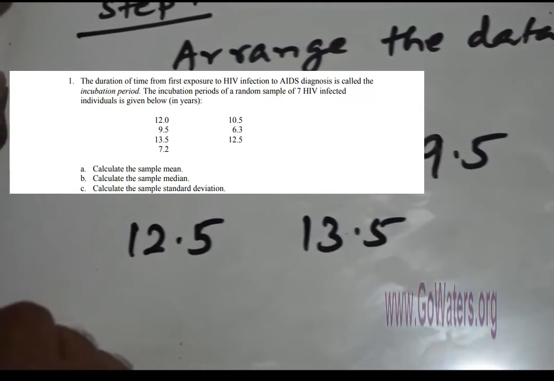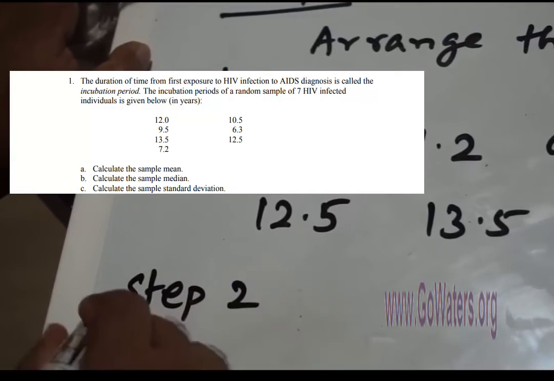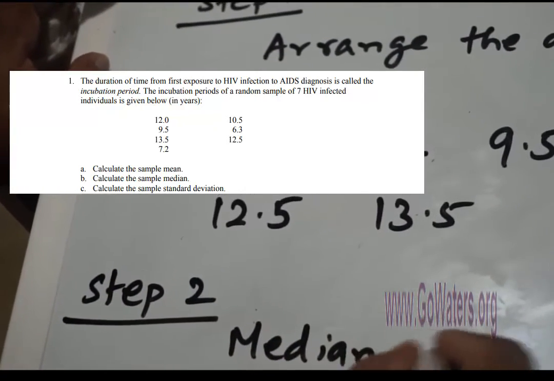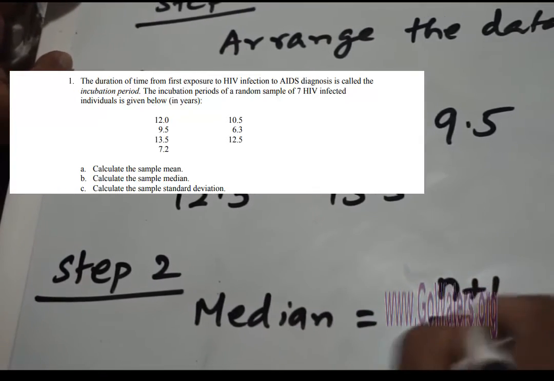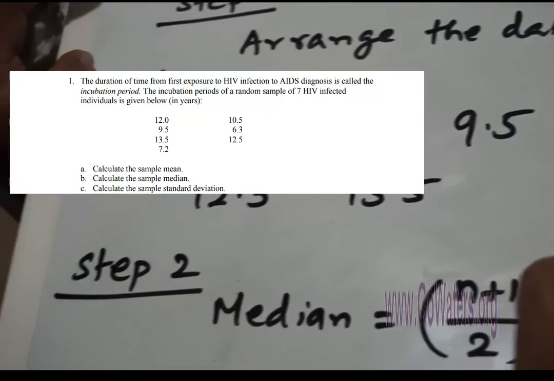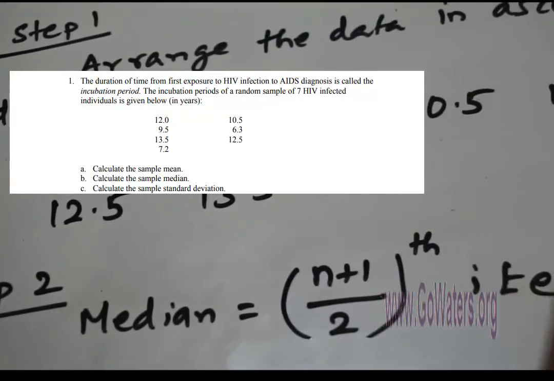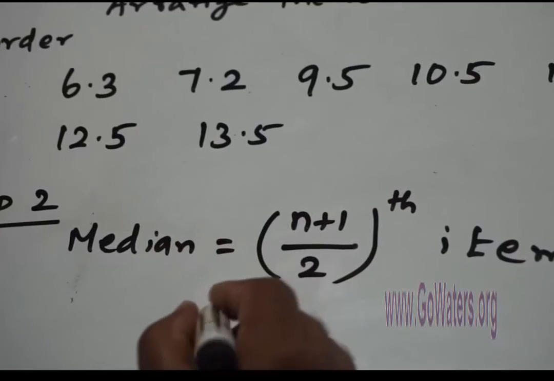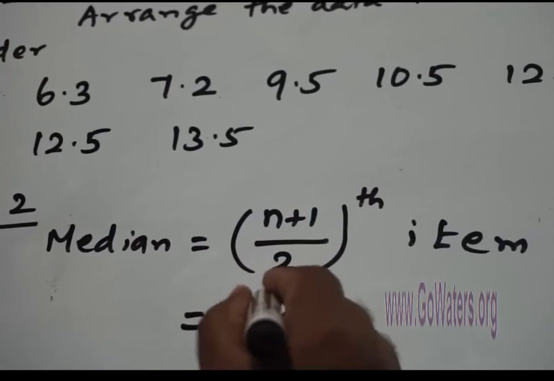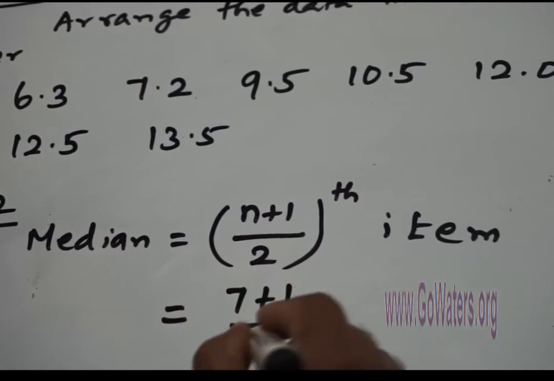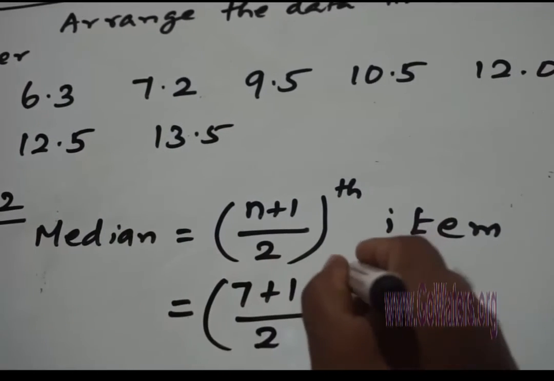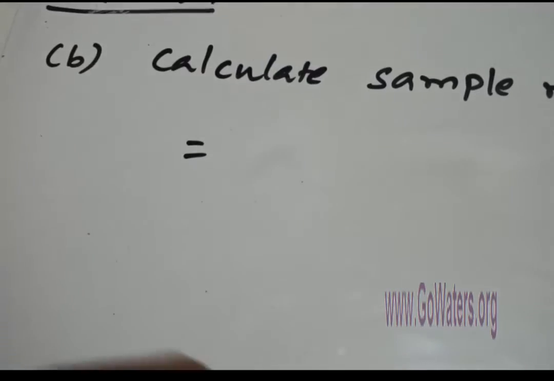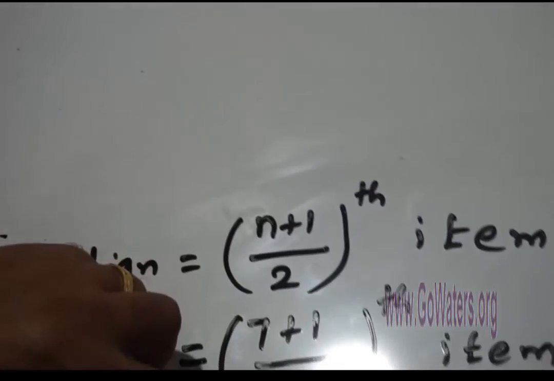So the next step, step 2, you need to use this formula. The median is equal to the (n plus 1) divided by 2 th item. n is the sample size. So here n is 7. So 7 plus 1 divided by 2. 7 plus 1 is 8, and 8 divided by 2 is 4.